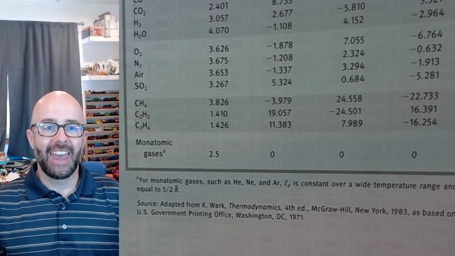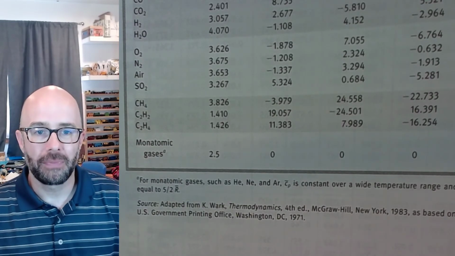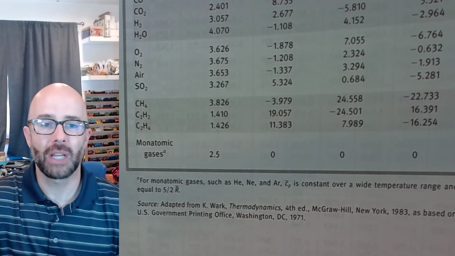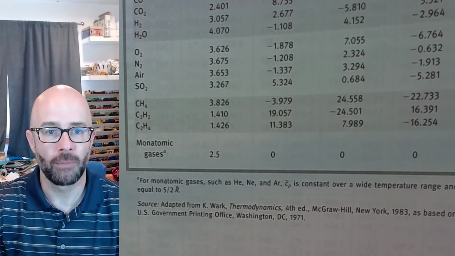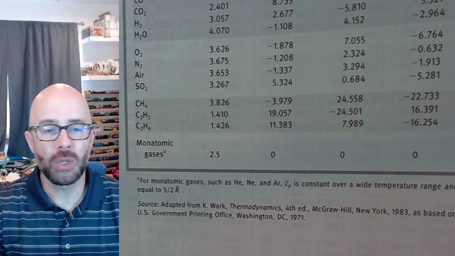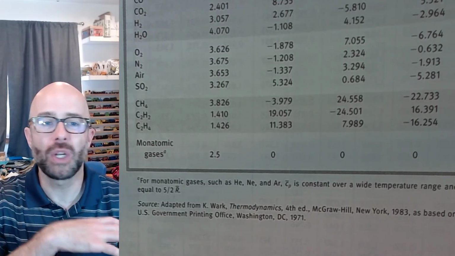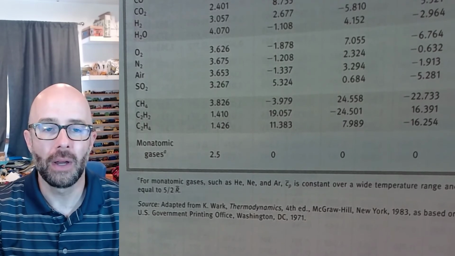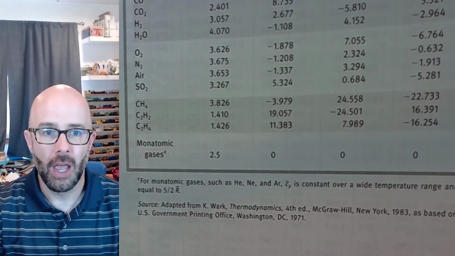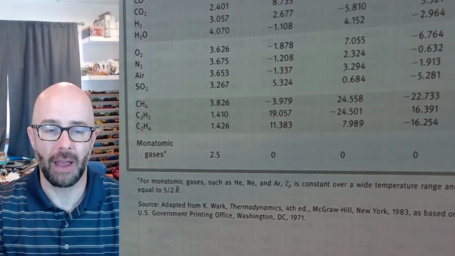So, if you are given a problem and there are no tables in the back of the book to solve it, for example, you're given a problem that has helium, neon, or argon in it, you can't use a variable specific heat method because we don't have any tables that give you enthalpies or internal energies. So you have to use a constant specific heat method.